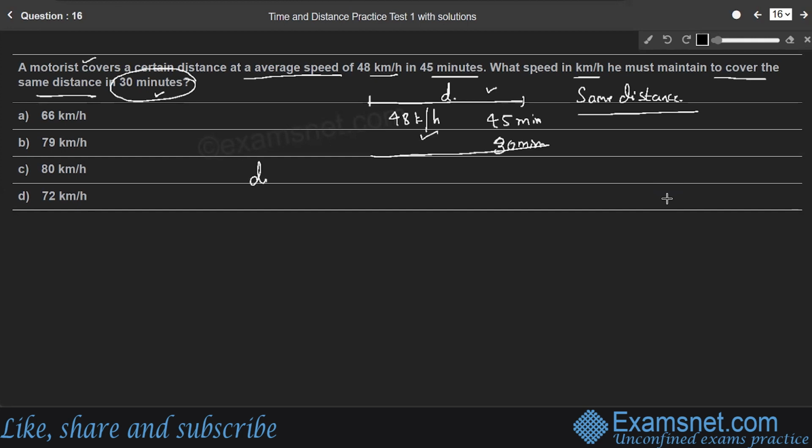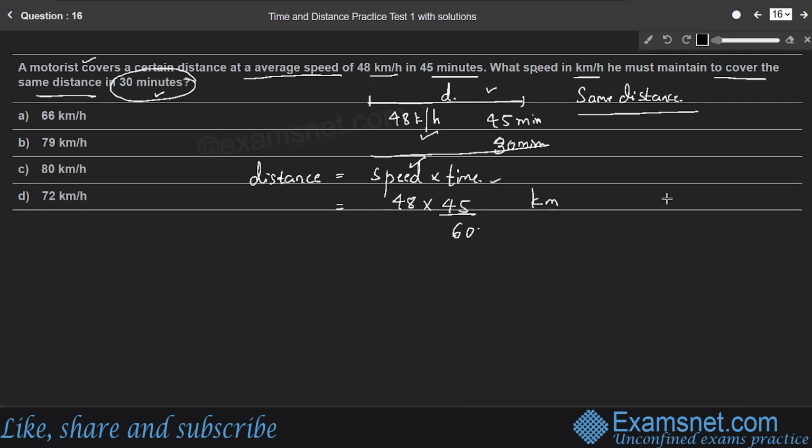Therefore, we are using the formula distance is equal to speed into time, right? In the first case, distance D is equal to 48 into 45 minutes. So in terms of hours, it is divided by 60, right? So this much kilometer is the distance traveled by him. If the distance is the same, what should be the speed if the time is 30 minutes?